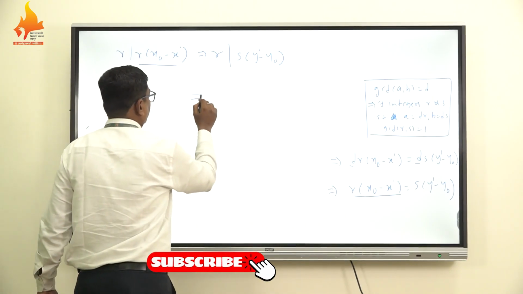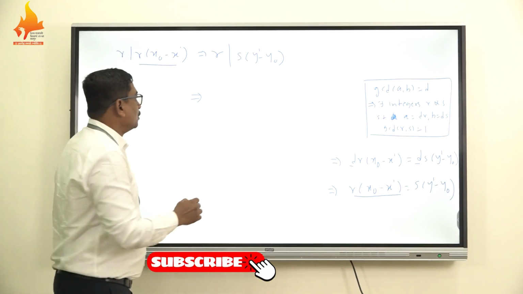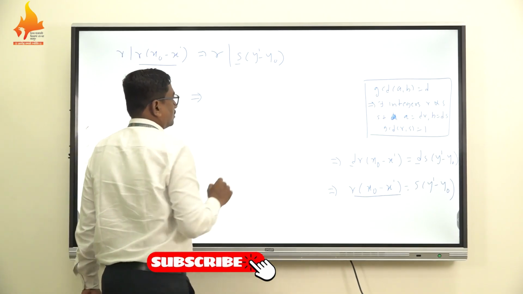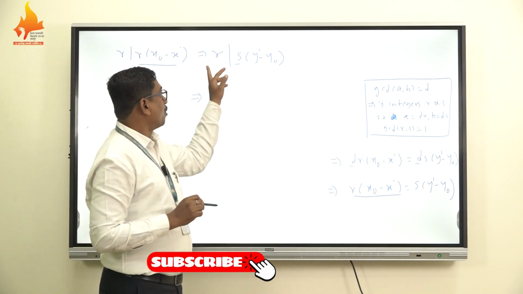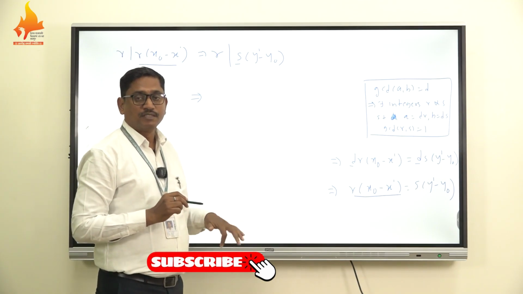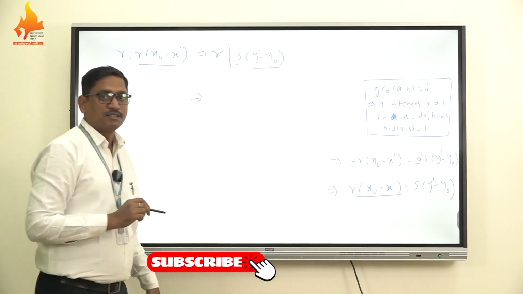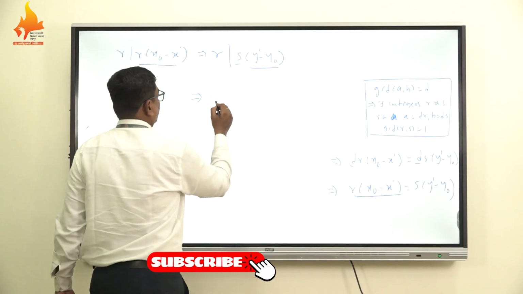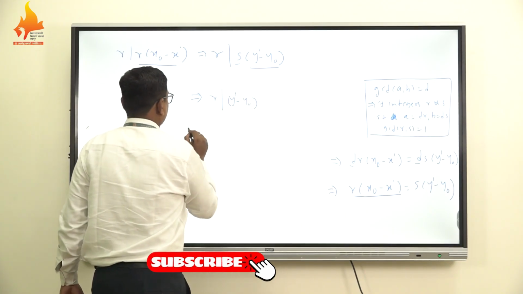But as per Euclid's lemma, the GCD of r comma s is 1, so r will not divide s, because s is relatively prime to r. R divides the product of two numbers, but r does not divide s, so it has to divide the other number. That lemma is known as Euclid's lemma. So I say r divides y dash minus y naught.